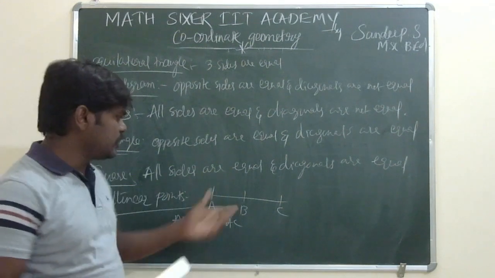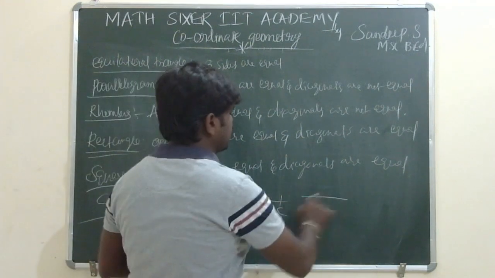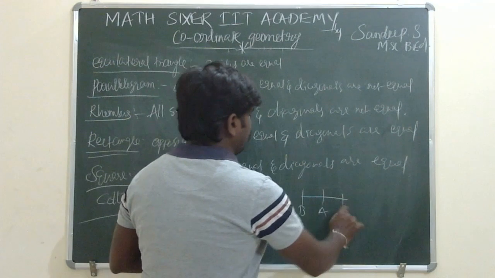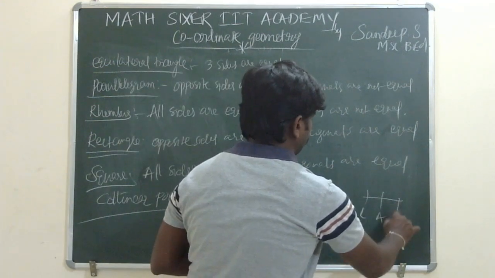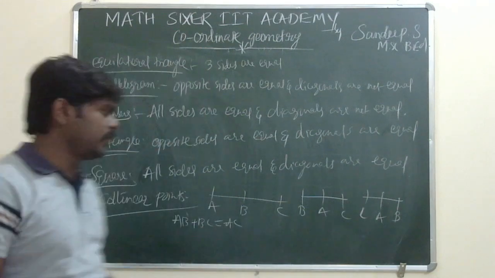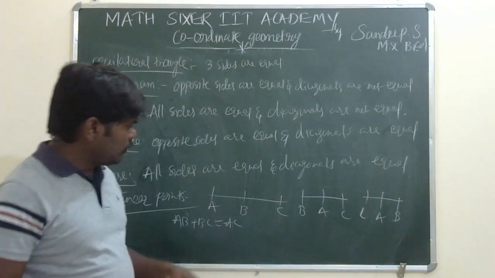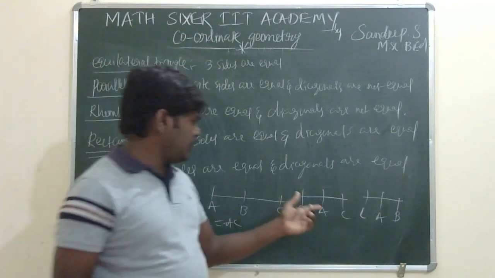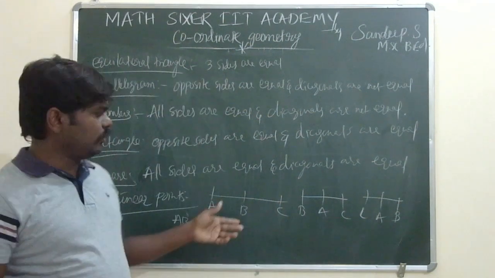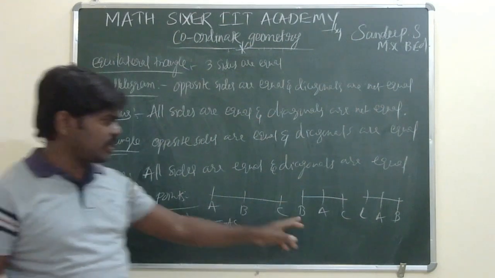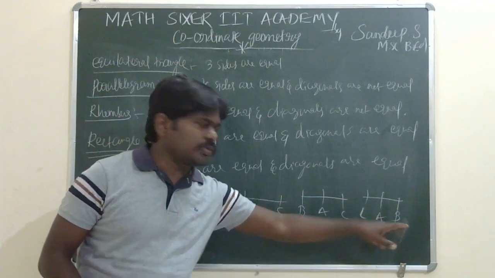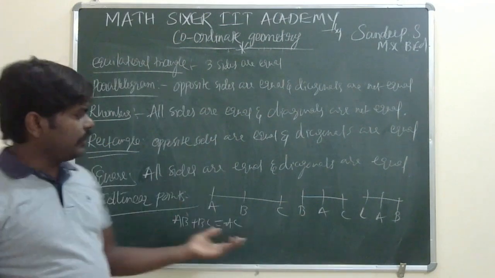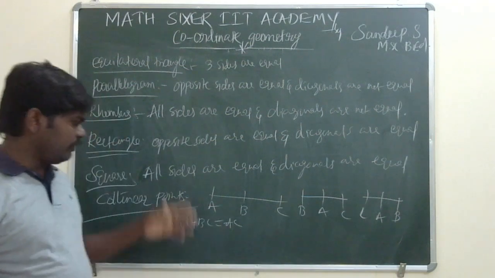That means the remaining 2 conditions are also possible, that is BAC and CAB. So in this case BA plus AC is equal to BC, and in this case CA plus AB is equal to CB. Either one is possible, so we have to check everything.